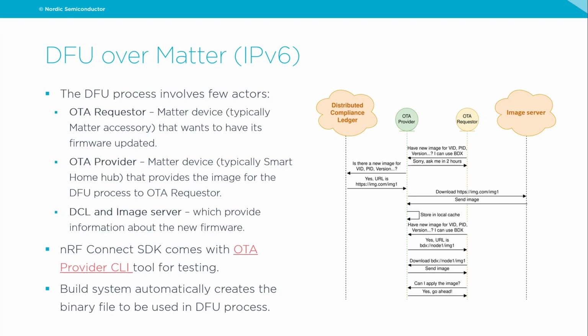It's worth mentioning that when you compile a new firmware for your device, our build system in nRF Connect SDK automatically generates a binary image with the signed firmware and prepended required Matter OTA header that you can use in production. If you want to use DFU over Matter in your application, let's see how to test it in the development environment before moving to production.